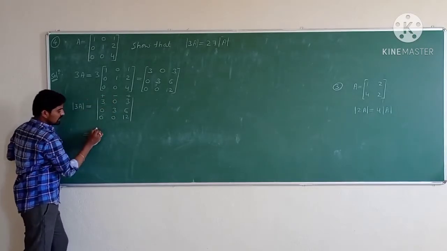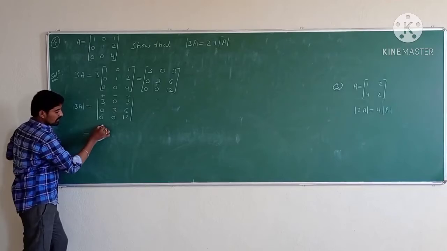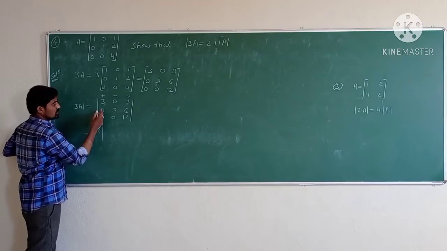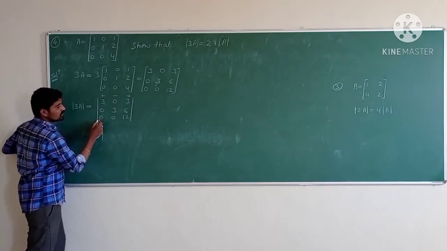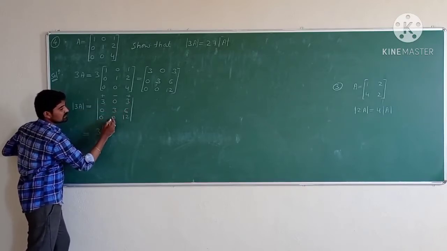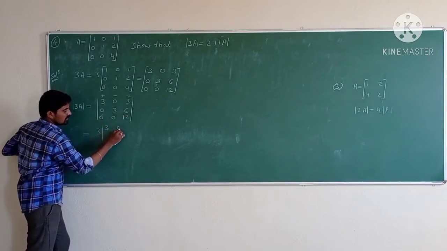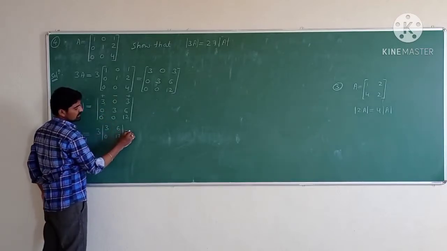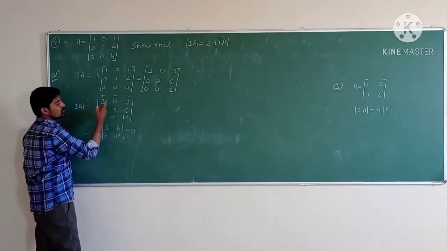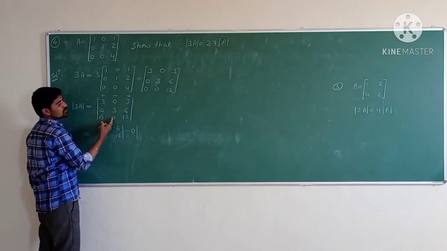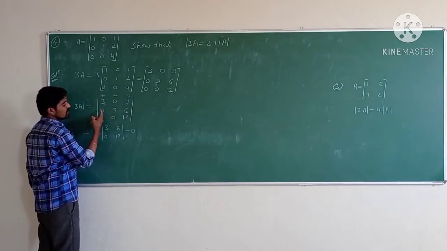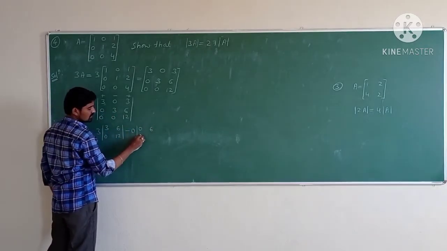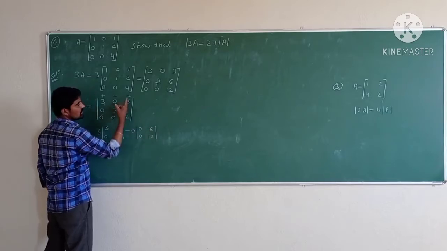Now plus 3 into the determinant: 3 is present in first row, first column. After deleting this first row, first column, the remaining elements are 3 6 0 12. Minus 0 into, 0 is present in first row, second column. After deleting this first row, second column, the remaining elements are 0 6 0 12. Plus 3.